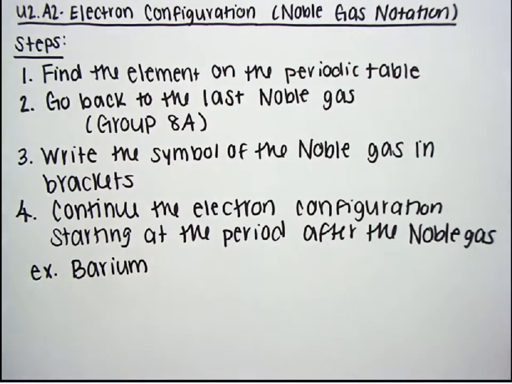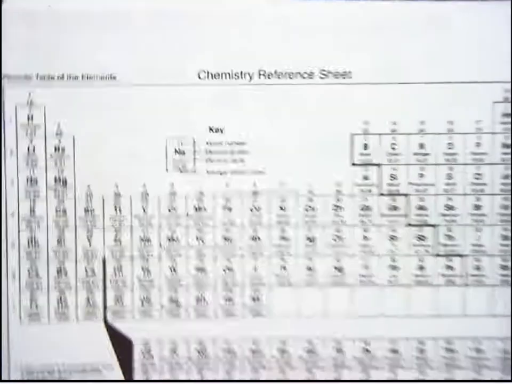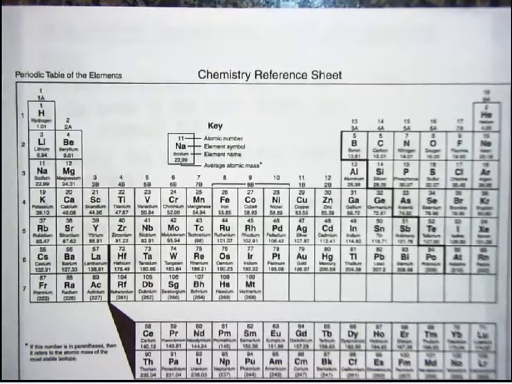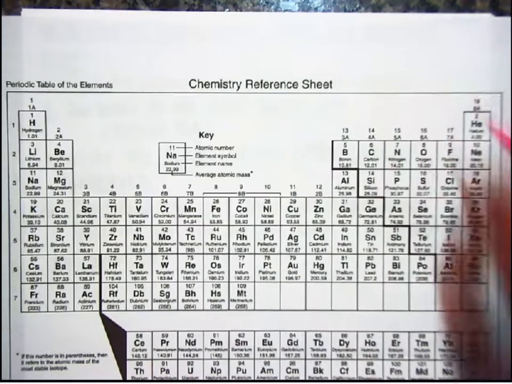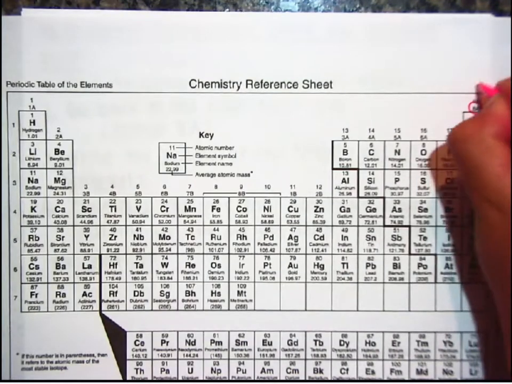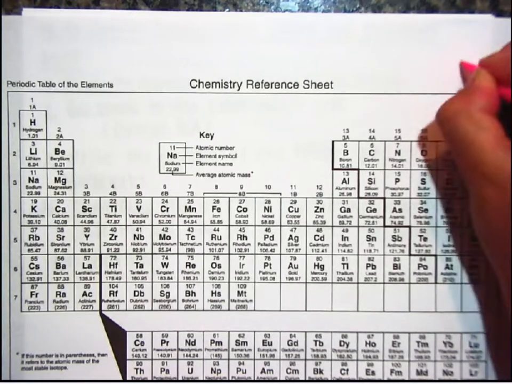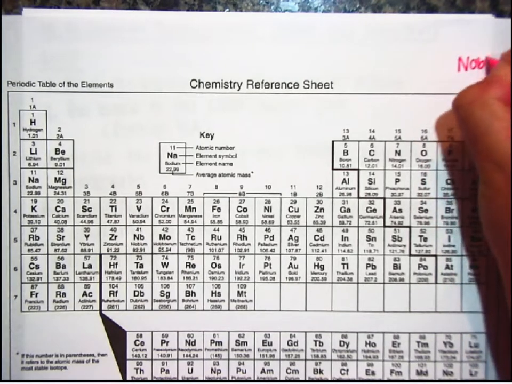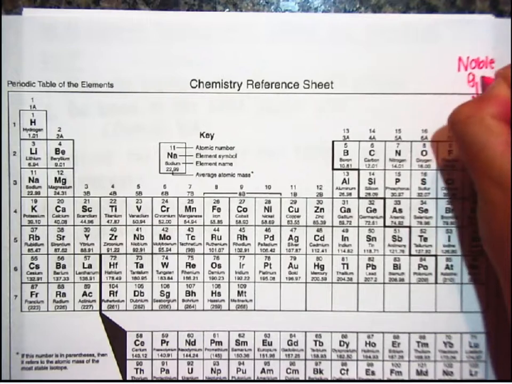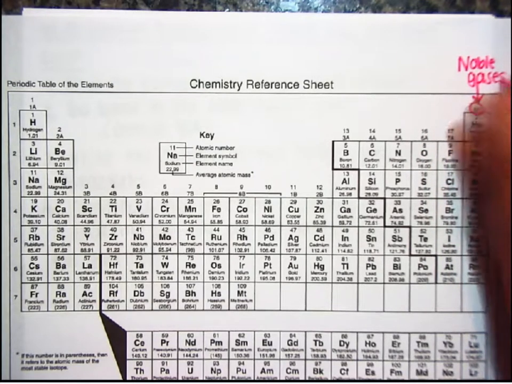So first one, let's do barium. So group 8A. These are the noble gases.